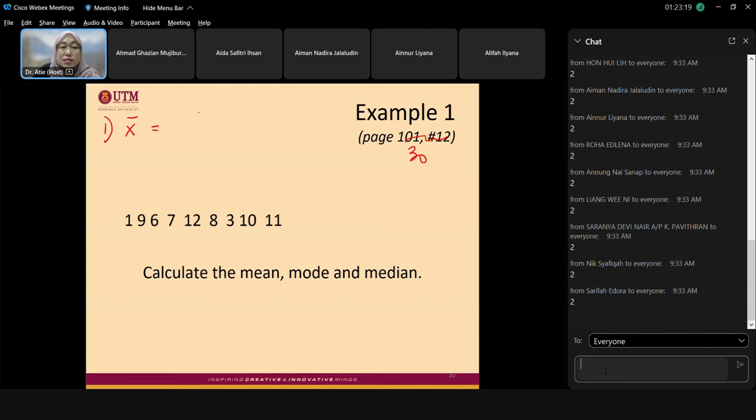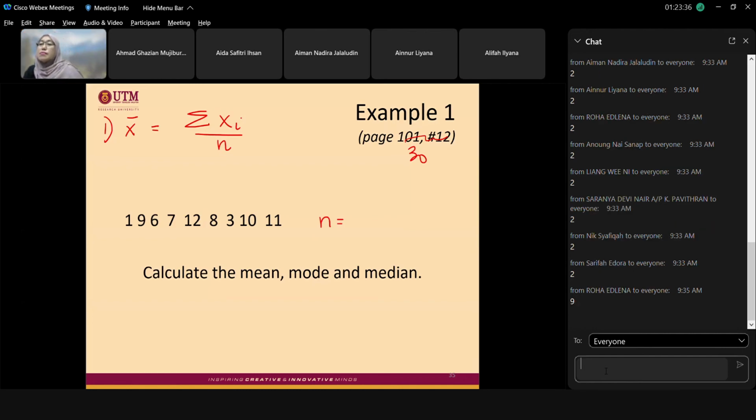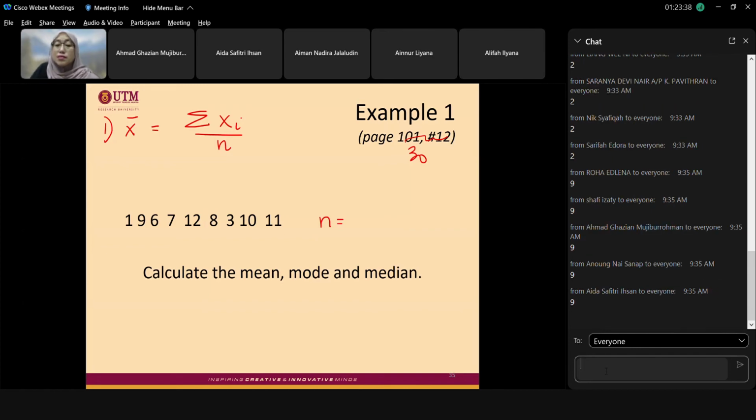So the mean is actually you need to sum all the numbers, then we divide by n. So the first thing, how many data do we have? Okay, so 9.